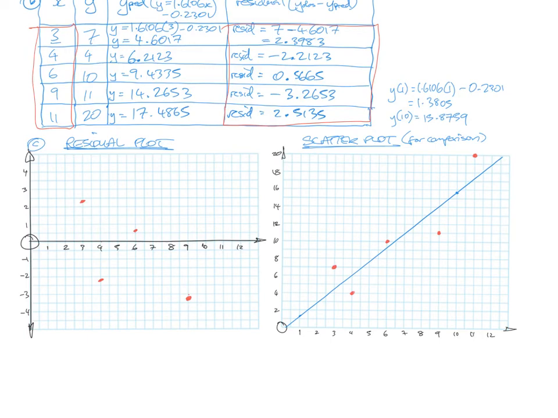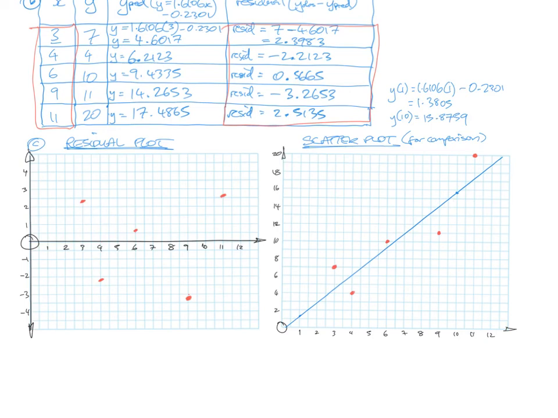And lastly, when x was 11, the residual was 2.5135, so just a little bit over 2.5. So that is the residual plot that is representing the y distance above or below the least squares regression line that the data points actually sit at.